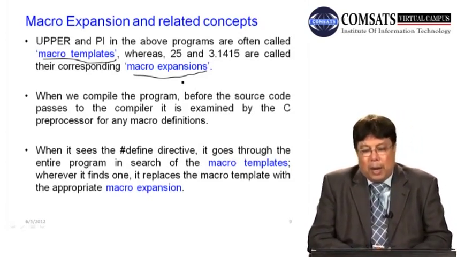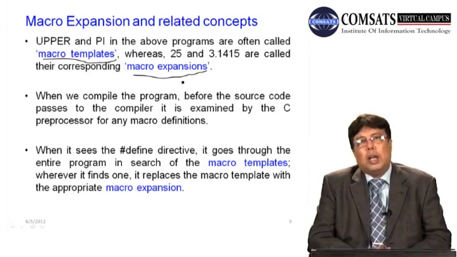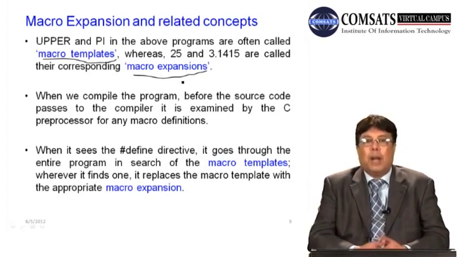When we compile a program, then before handing over the source code to the C compiler, मैंने आपको बताया that this preprocessor converts all the directives into the actual data. So what will the C compiler see? C compiler will see the values.